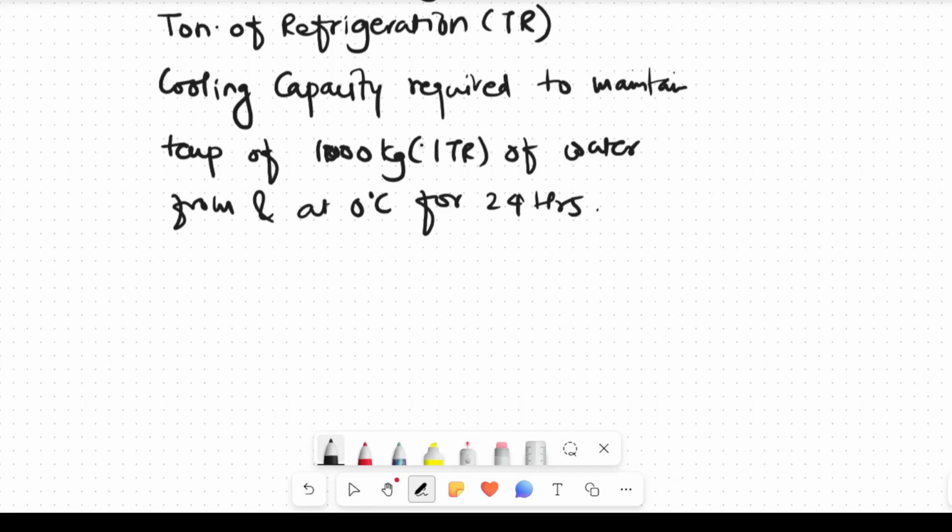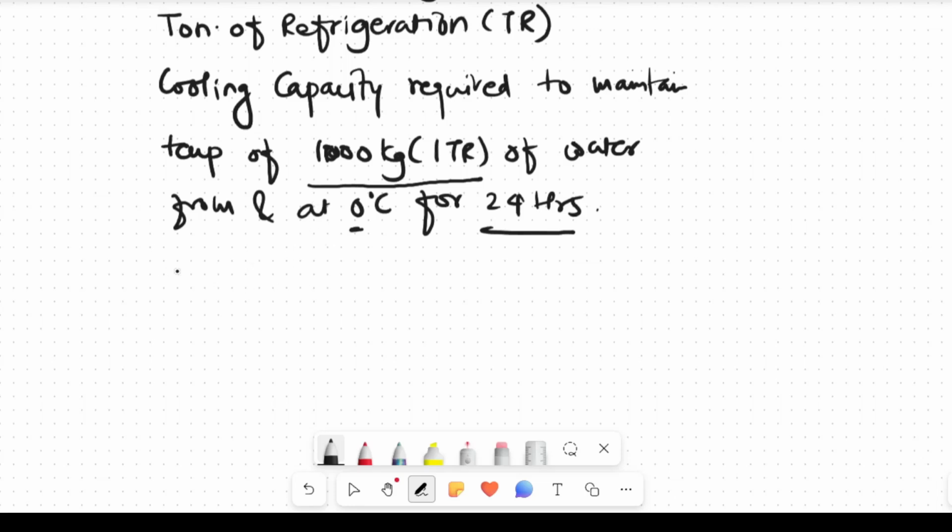Now, friends, understand that for this ton of refrigeration you will find different definitions, and all the definitions are correct. The essence of the definitions is very simple. We want to maintain the temperature of water at 0 degree Celsius for the period of 24 hours, and the quantity of water is 1,000 kilogram. So how much heat is required to be removed from this will be the ton of refrigeration.